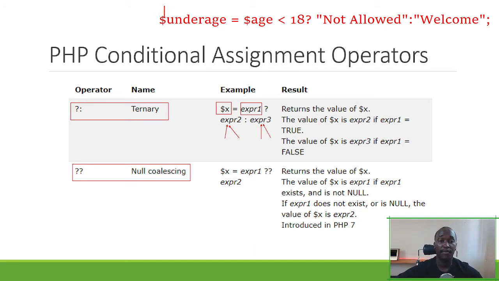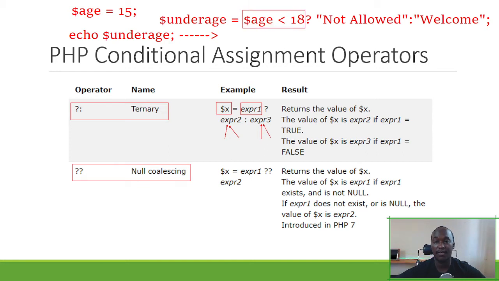If, for example, age is equal to 15, and down here we echo age, then the output is going to be not allowed. It's going to evaluate this: 15 is less than 18, so it's going to turn to true, and therefore the output here is going to be not allowed.